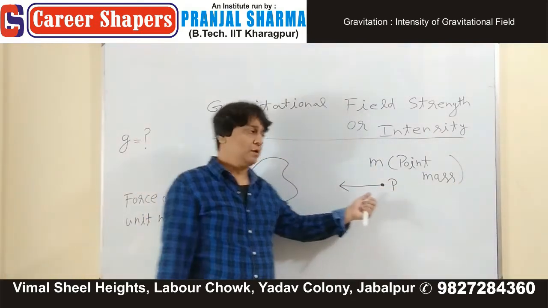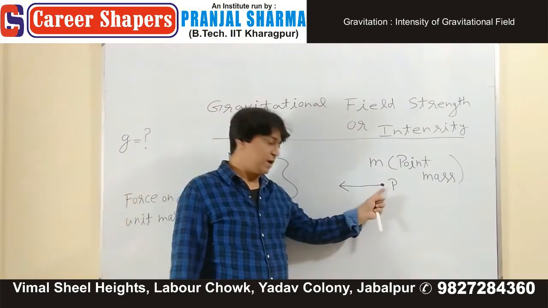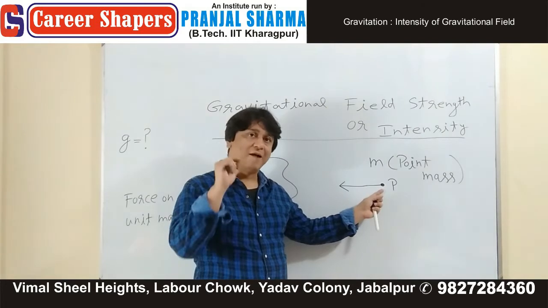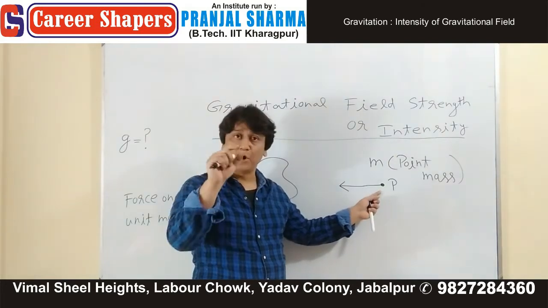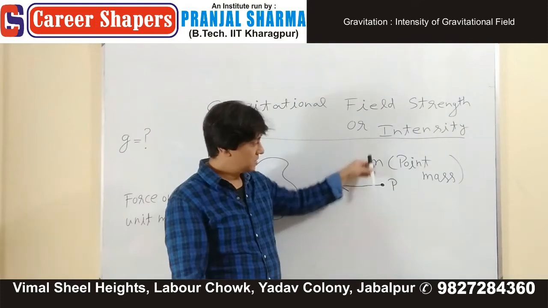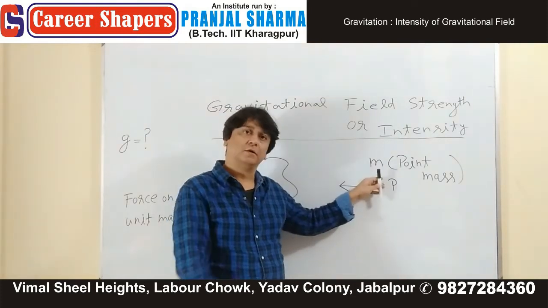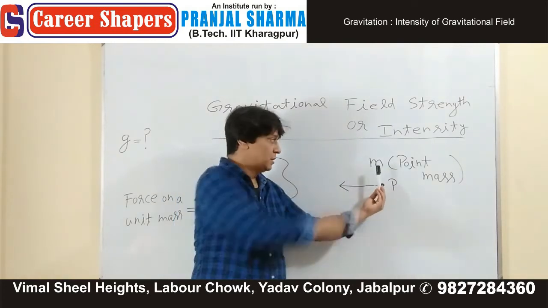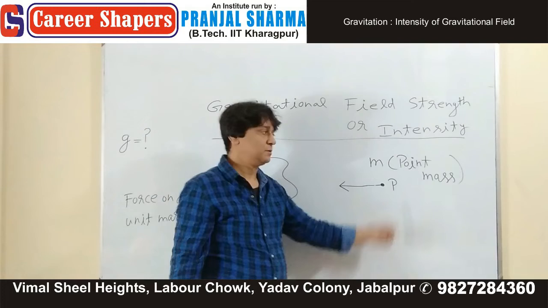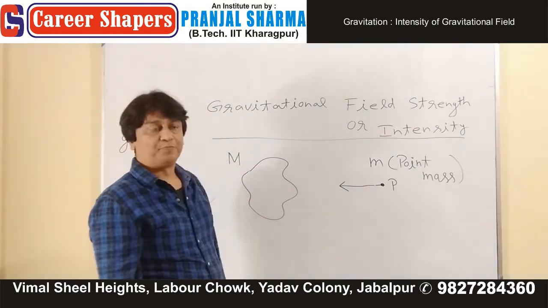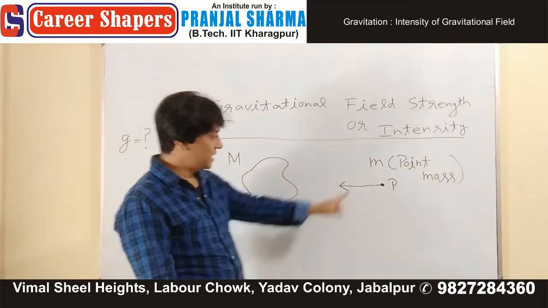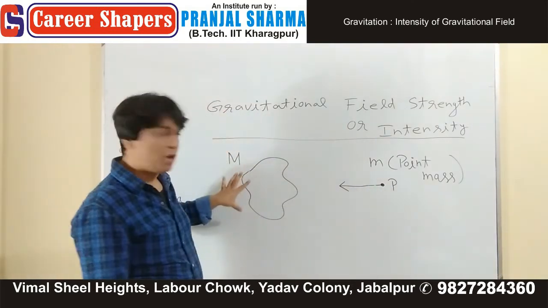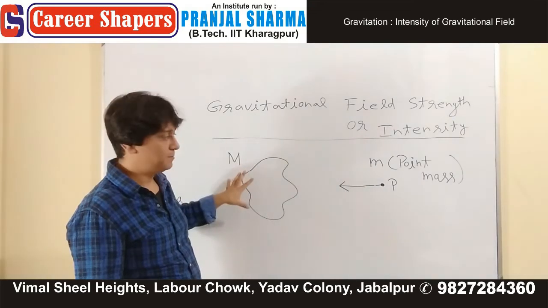Because we need gravitational intensity at this point P. So at a point, if you want gravitational intensity, then you should place a point mass. If you place a cylinder like this, then the cylinder is occupying several points. So the question is, we need to find gravitational intensity at point P near this body of mass m.